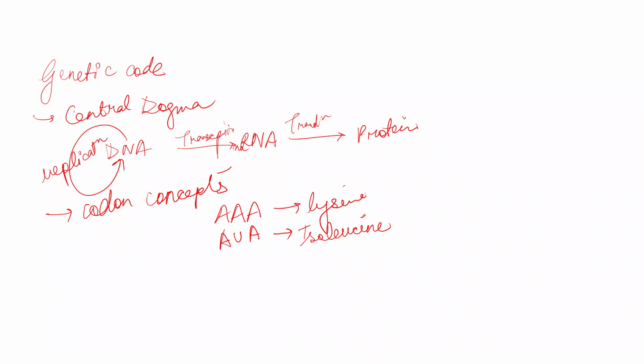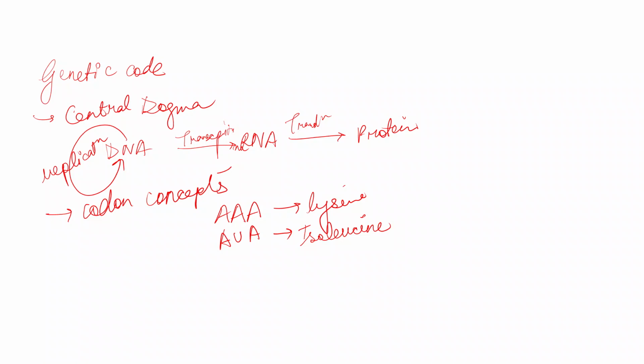Then we also learned about mutation. Basically, there are changes in the genetic code that can sometimes lead to translation of other proteins, or sometimes may not cause changes in the protein at all. There are different types of mutations, synonymous and non-synonymous.